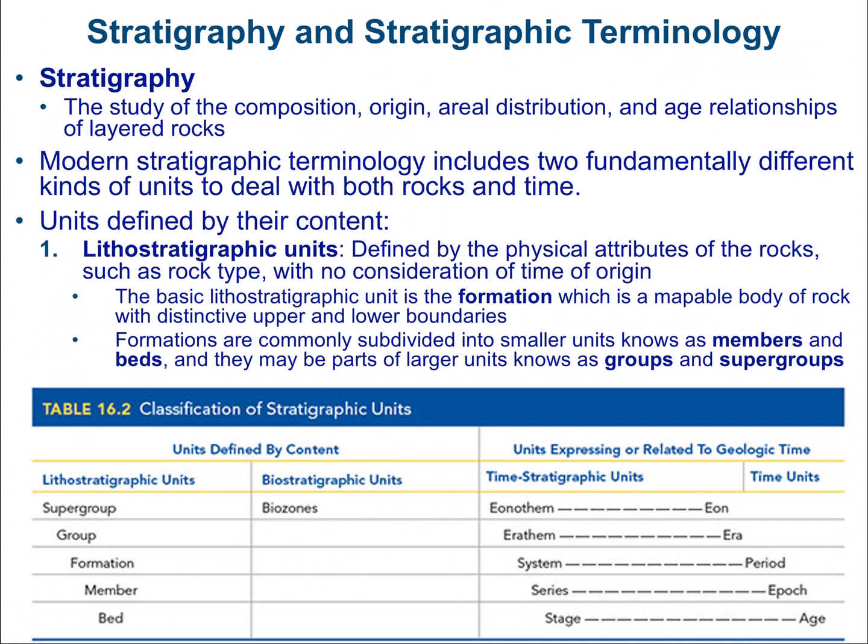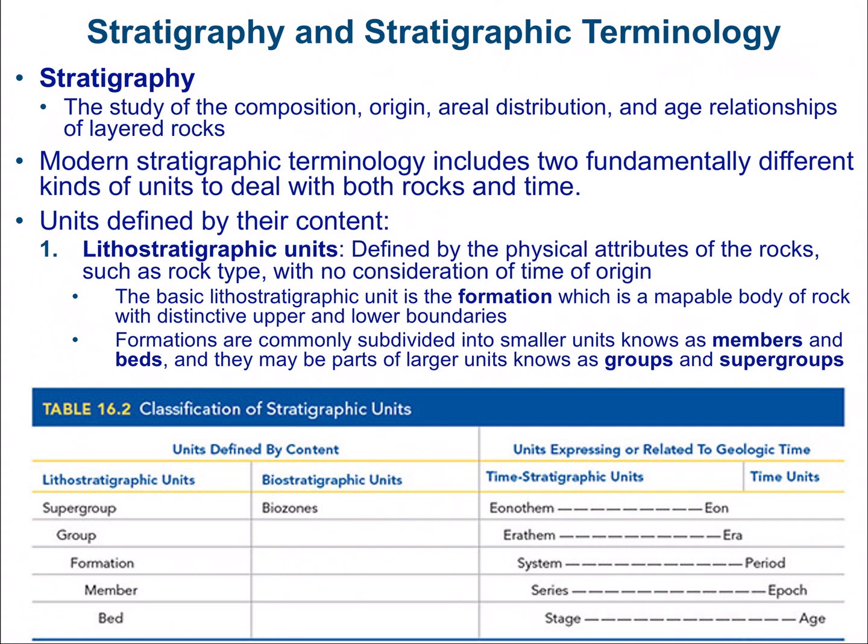These are defined by the physical attributes of the rocks, rock type. They give no consideration of time of origin. The basic lithostratigraphic unit is the formation. A formation is a mappable body of rock with a distinctive upper and lower boundary.